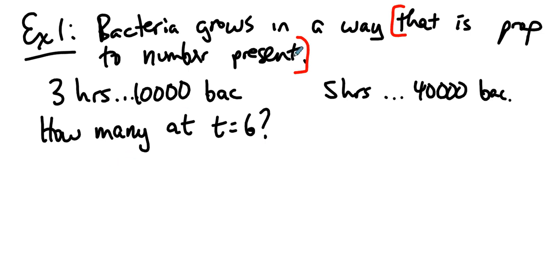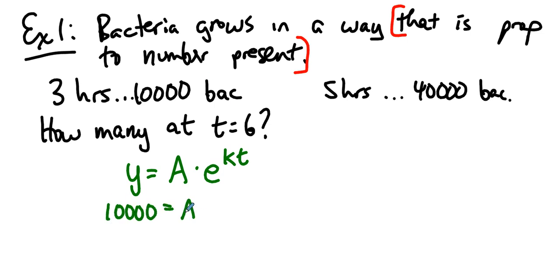Because we're growing at a rate that is proportional to the number present, the number of bacteria is some fixed number times e to the kt, and we have this information, and we have this information.